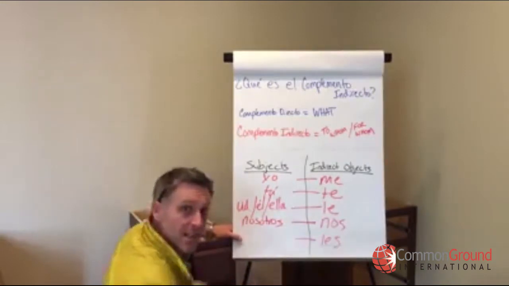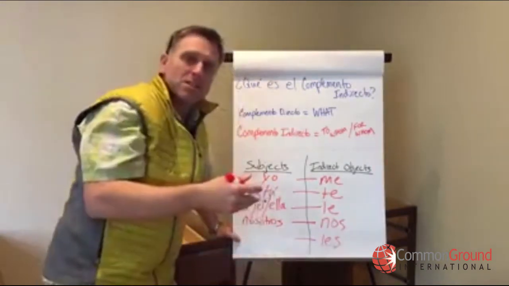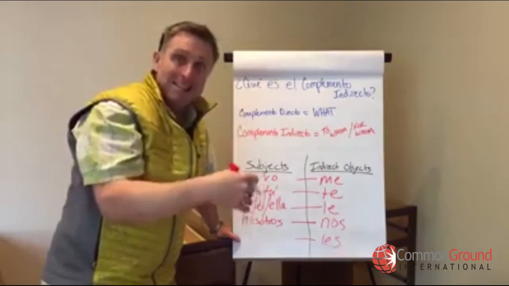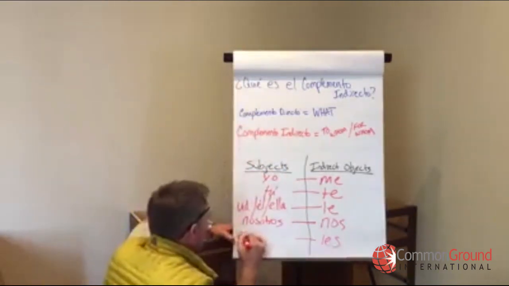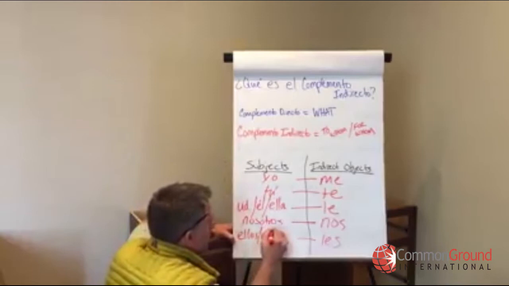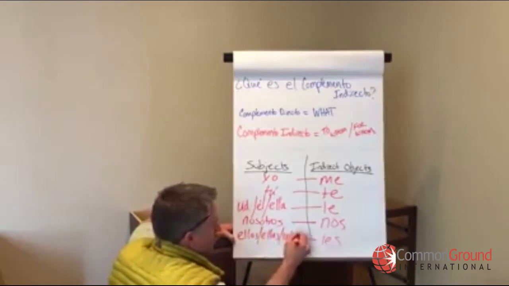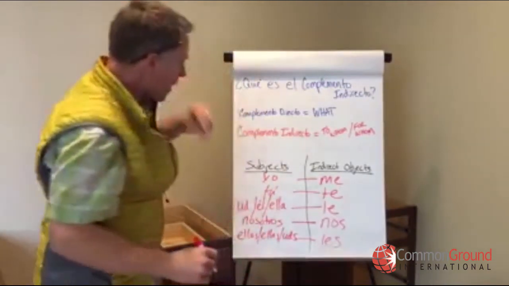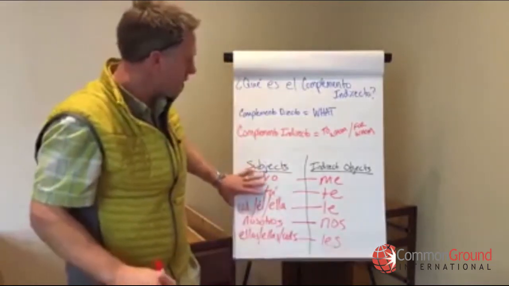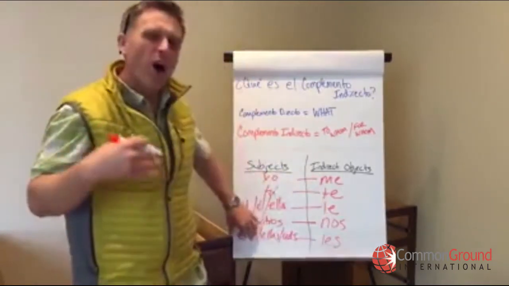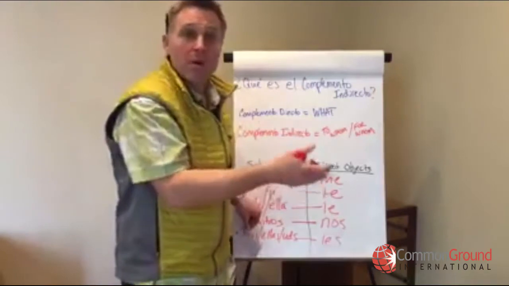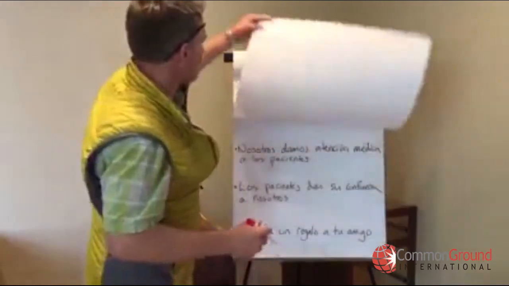Les is them, but it relates to ellos, ellas, and ustedes. Ellos, ellas, ustedes. Bien. Okay. So los complementos indirectos are to whom or for whom an action is being done.